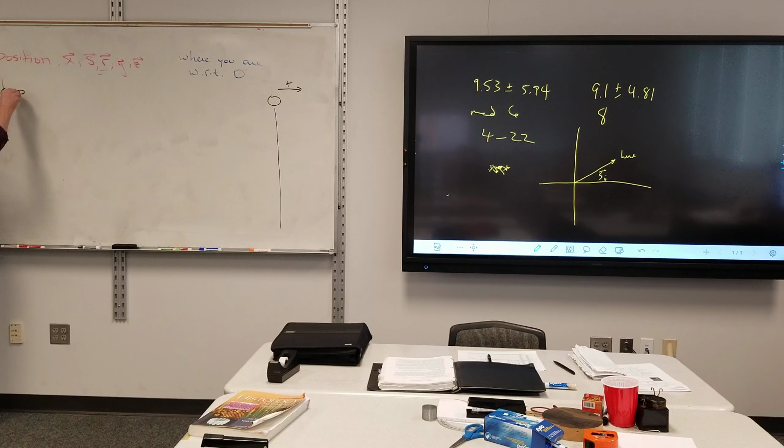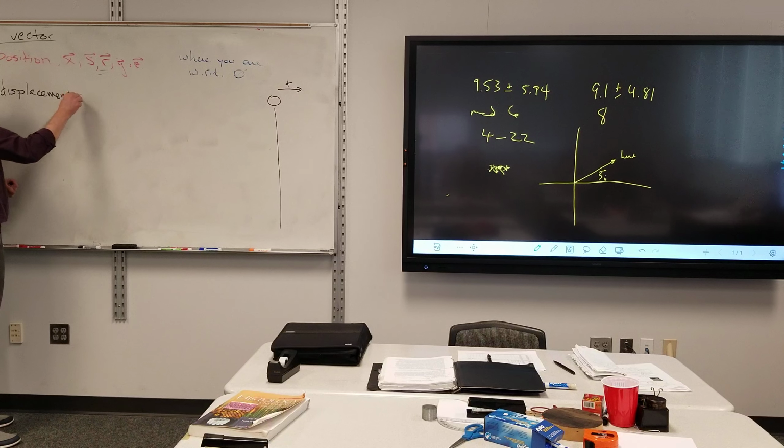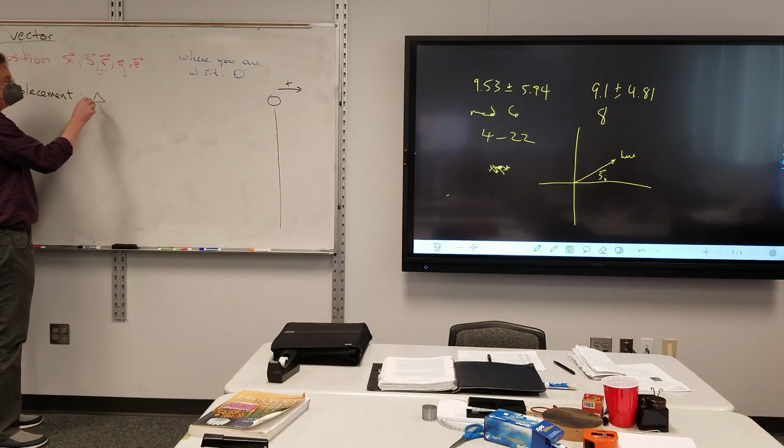Displacement. And by the way, these are all vector quantities. If I'm asking about position or displacement, immediately you should be thinking vector if there is a direction involved. The symbol for displacement is very similar to position, except it's change in position, and so we use the capital delta to represent change.